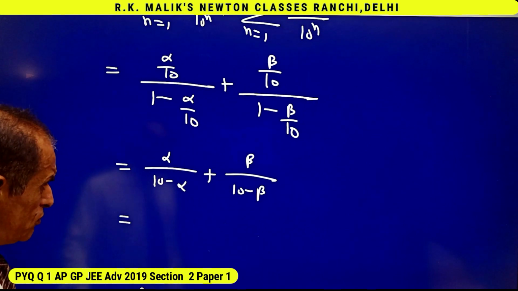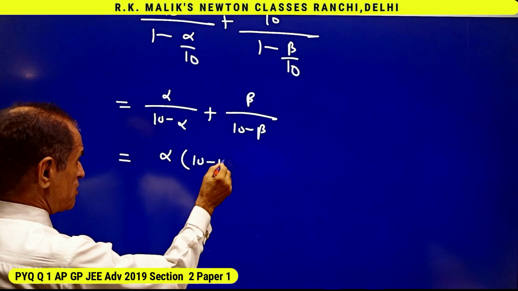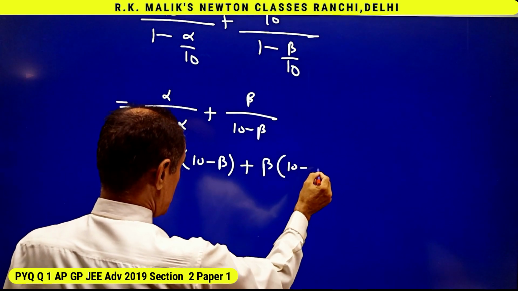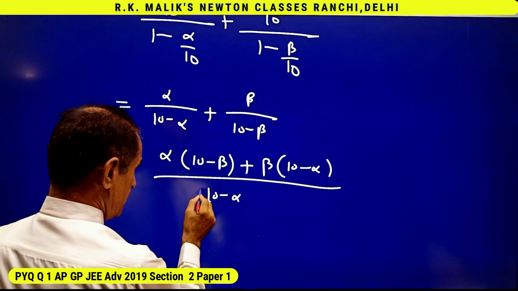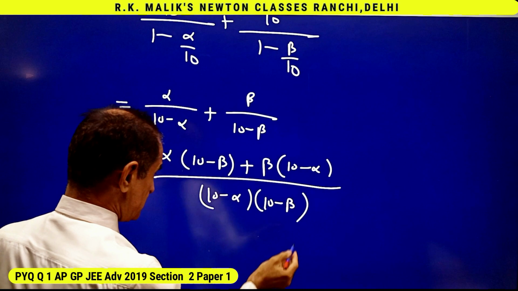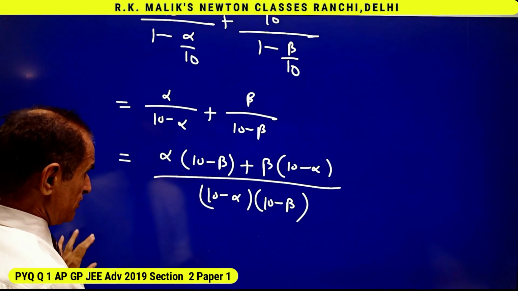This is equal to alpha into 10 minus beta plus beta into 10 minus alpha upon 10 minus alpha into 10 minus beta, and just now I had calculated the value of this as 89.